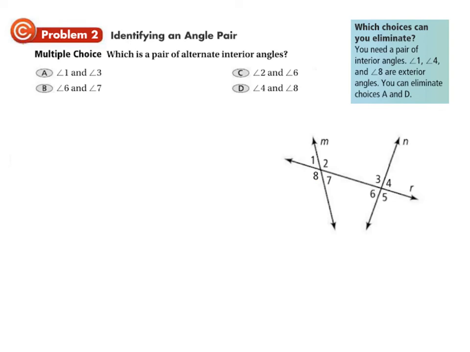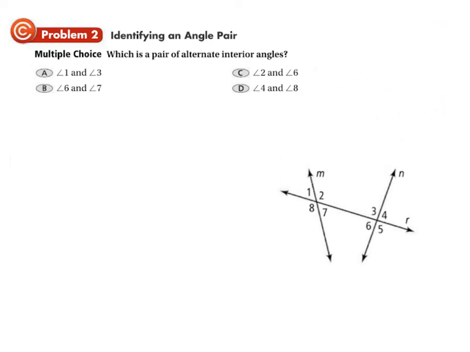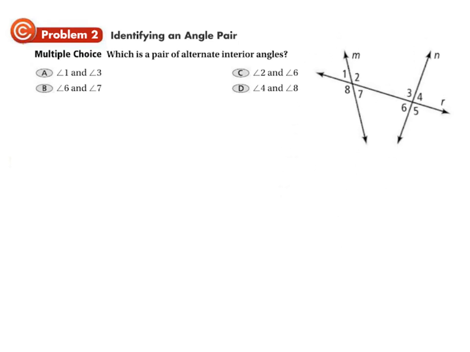Anything that's got 1 and 8 or 4 and 5 over here, we can just cross off. So it's either 6 and 2 or 6 and 7. But those are same side, so it's not going to be that. 6 and 2 are the alternate interior angles.